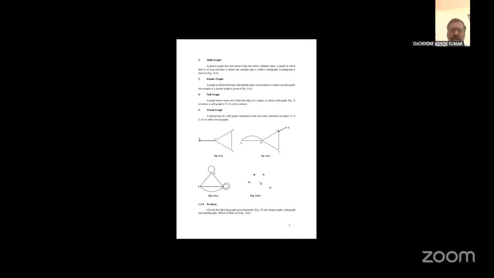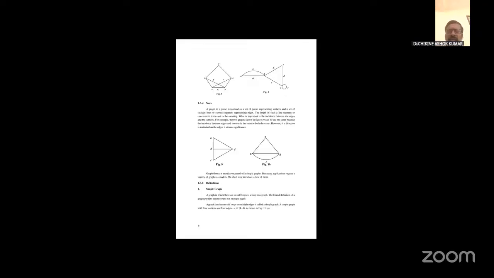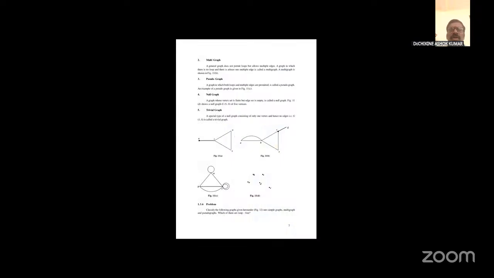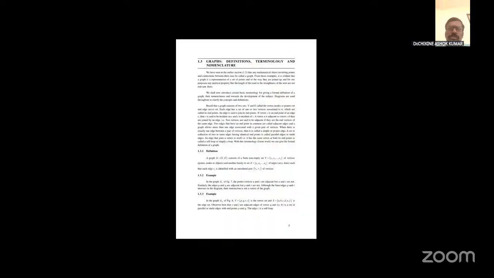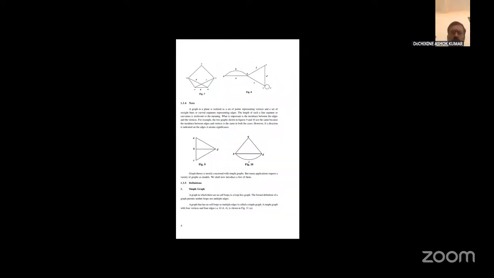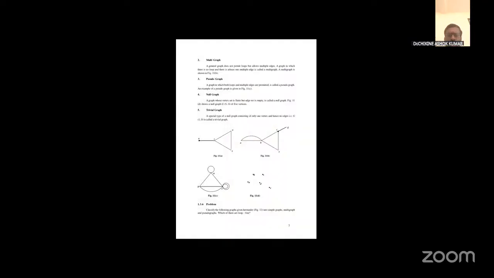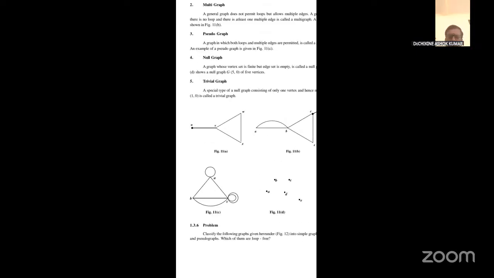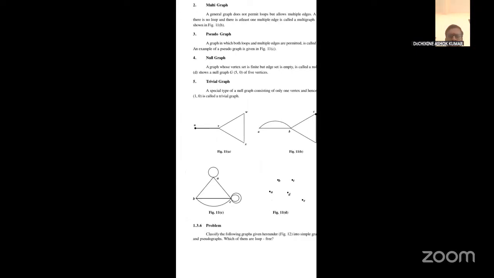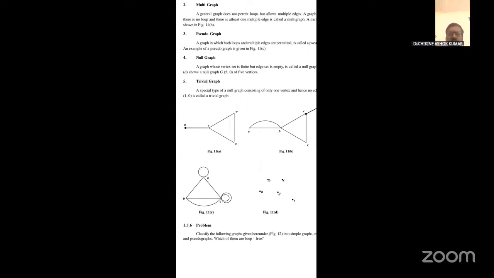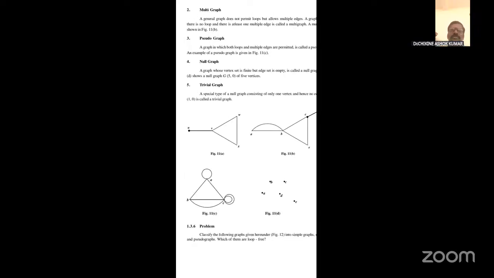Similarly, a simple graph means it does not have any self loop. Next, trivial graph, and next come to the problems. In the above figure, classify the following graphs given in the figure: simple graph, multi-graph, pseudo graph, connected graph, and loop-free.